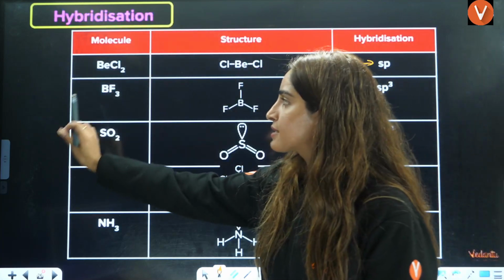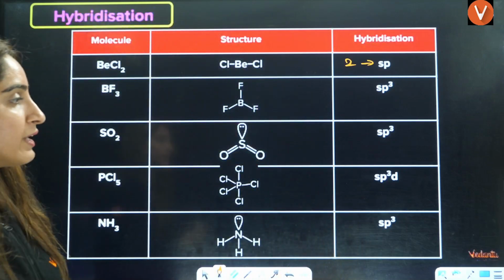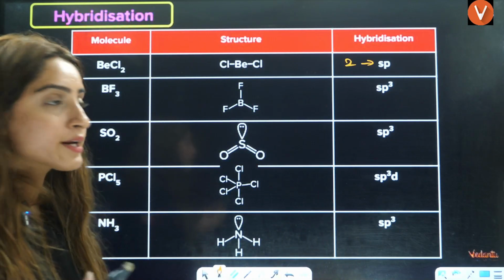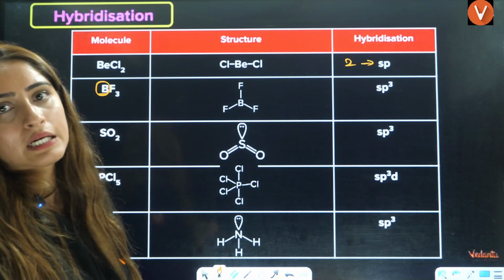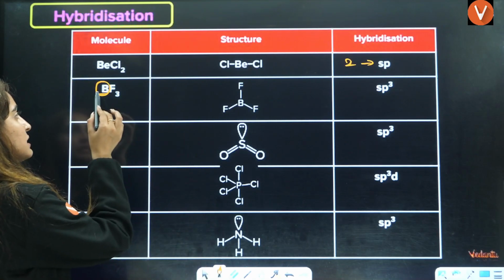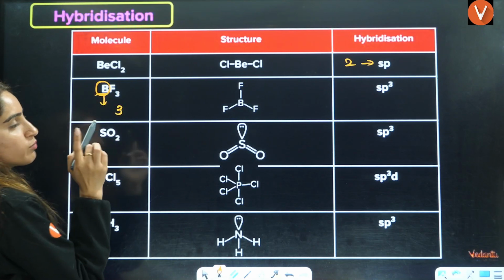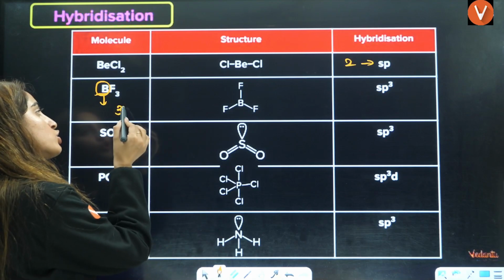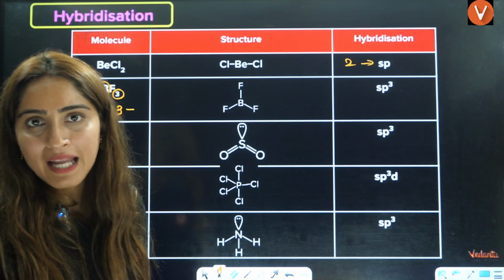Next is BF3. Beta, this is very important what I am telling you. Right now you will feel it is boring, ma'am, but in the end you will feel how questions are getting solved here. Boron belongs to group number 13, so it has 3 outermost electrons and 3 surrounding atoms.